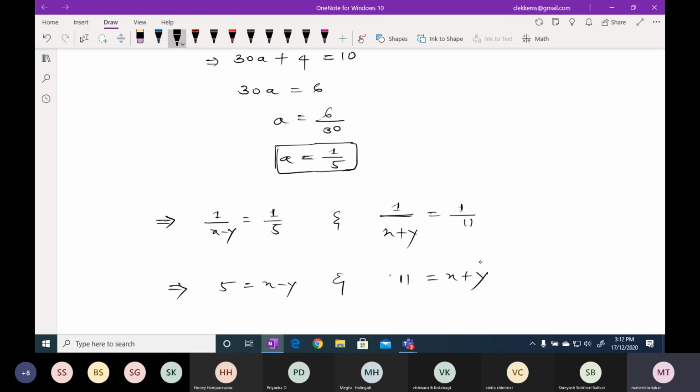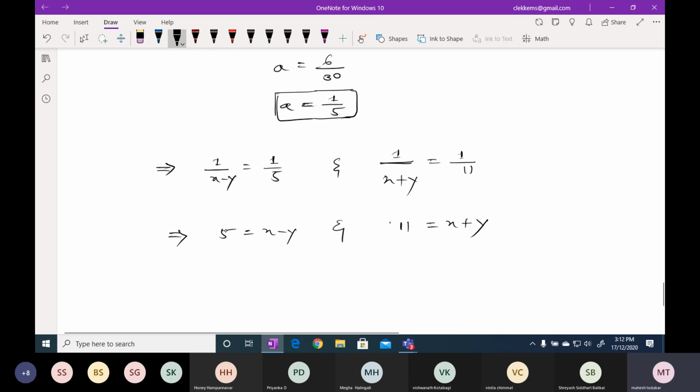Now we need to eliminate this one. By the elimination method, we need to get the answer here. 5 is equal to x minus y and one more, 11 is equal to x plus y.